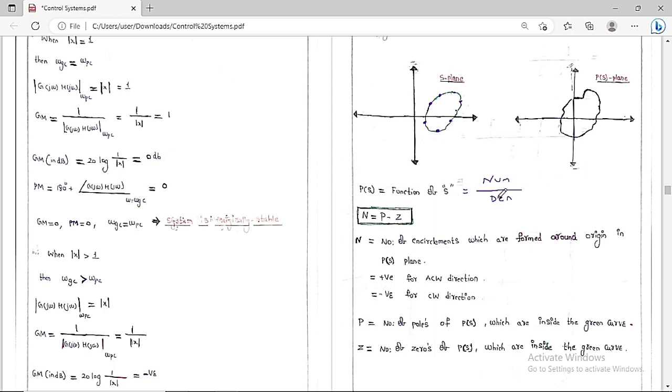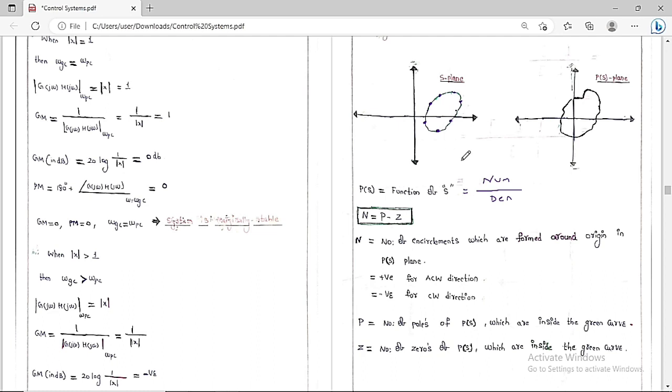Now listen carefully. I am going to make a green curve in the S plane. In this green curve, there are P number of poles and Z number of zeros of P of S. Numerator roots are called zeros and denominator roots are called poles.